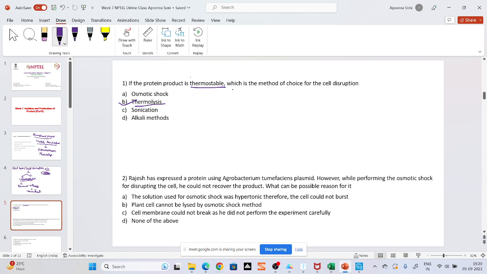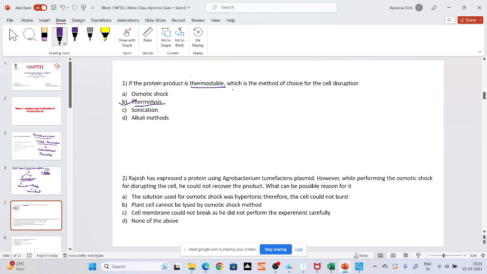Now, the next question is: Rajesh has expressed a protein using Agrobacterium tumefaciens plasmid. However, while performing osmotic shock for disrupting the cell, he could not recover the product. What can be the possible reason? Option A: the solution used for osmotic shock was hypertonic, therefore the cell could not burst. Option B: plant cell cannot be lysed by the osmotic shock method.